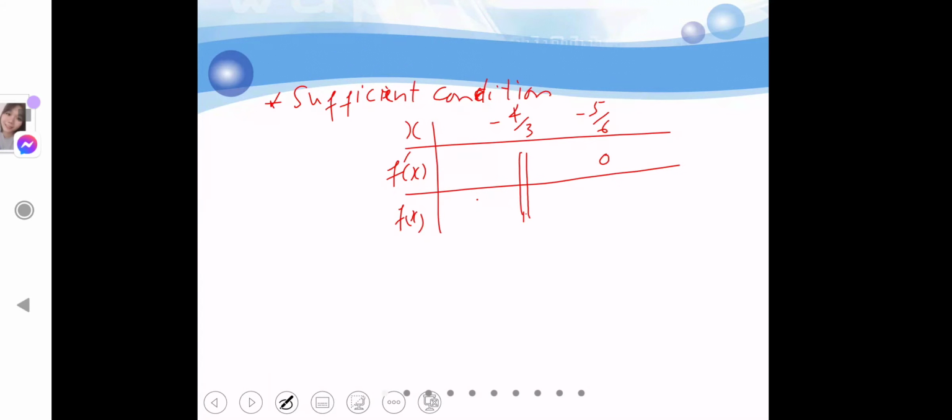On the left side it is negative, on the right side positive. Okay, and here minimum. Last step, conclusion.